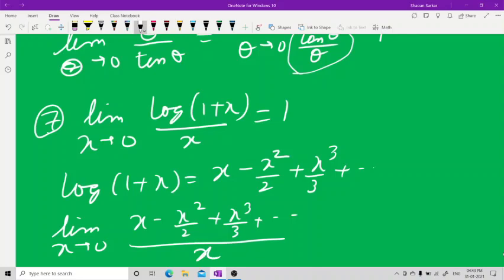Now the limit as x tends to 0 of x minus x square by 2 plus x cube by 3, and so on, upon x. You cancel this with x. The only thing left is 1 minus 0 plus 0, and so on and so forth. This will give you 1.